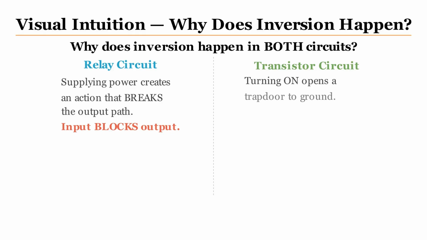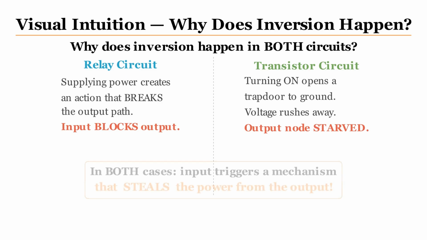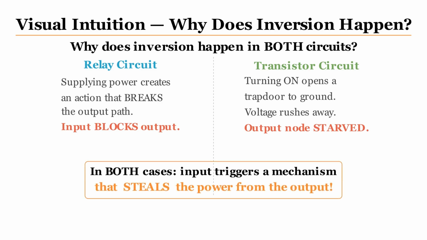In the transistor circuit, inversion happens through current control and voltage starvation. Turning the transistor on opens a trapdoor to the ground. All the electrical pressure rushes down the drain, starving the output node of its voltage. In both cases, giving the circuit an input triggers a mechanism that steals the power away from the output.